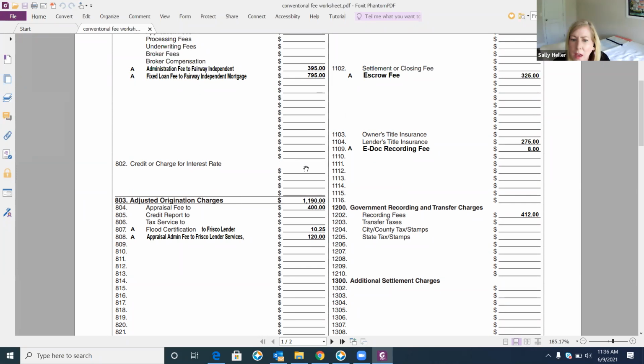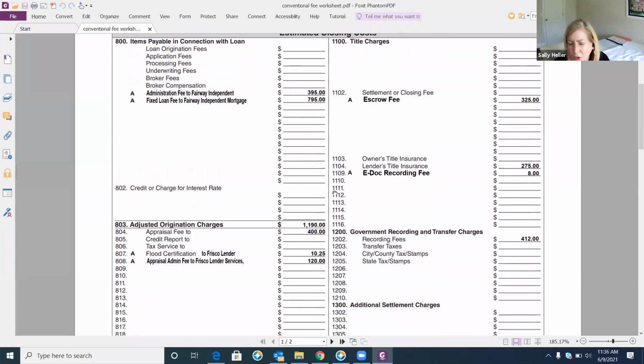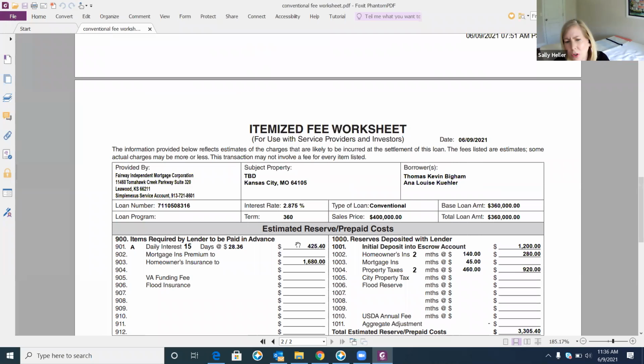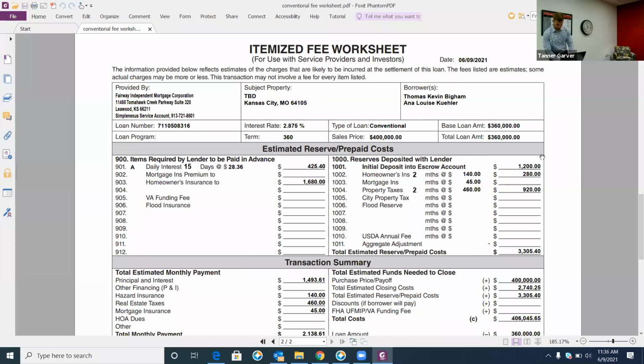Okay. And then when you go down to initial escrow, is that their initial earnest deposit of 1,200? No, that is just these two added together, the 280 and the 920.